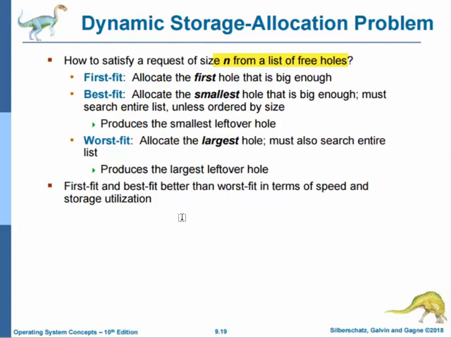Simulations have shown that both first fit and best fit are better than worst fit in terms of decreasing time and storage utilization. Neither first fit nor best fit is clearly better than the other in terms of storage utilization, but first fit is generally faster.